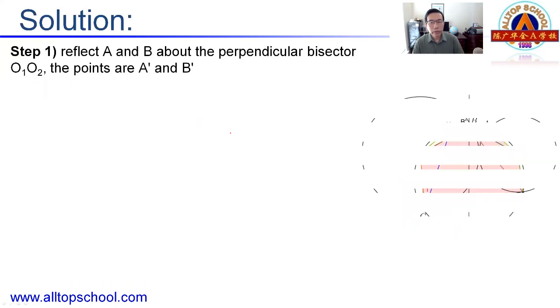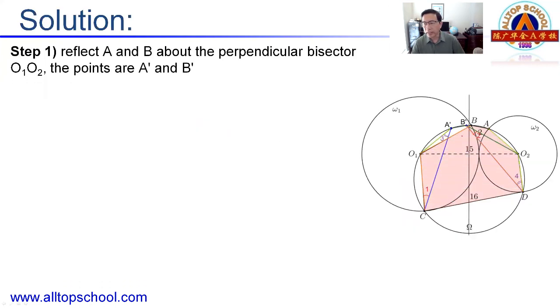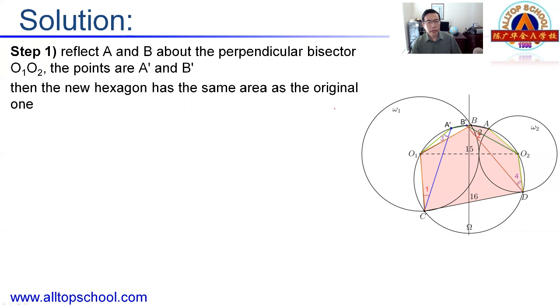Solution step 1: as we planned, we reflect A B into A prime B prime across the perpendicular bisector of O1 O2. So we get this nice hexagon O1, A prime, B prime, O2, D, C. This is very symmetric. The new hexagon has the same area as the original one.